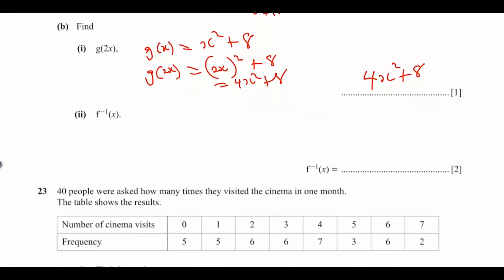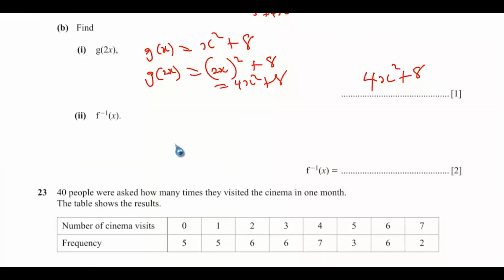That will be f inverse of x. So already we know that f(x) is equal to 5 minus 2x. Then we can now get f inverse of x by following the trick that was mentioned earlier in this video. So let f(x) equal y, then y equals 5 minus 2x.